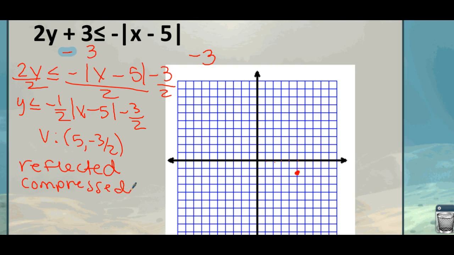So from that vertex point, I'm going to go down 1 unit and right 2. Down 1 and left 2. Because it's less than or equal to, my graph is solid.